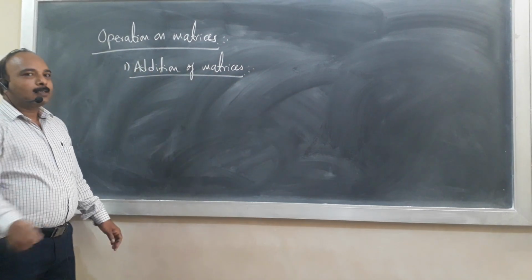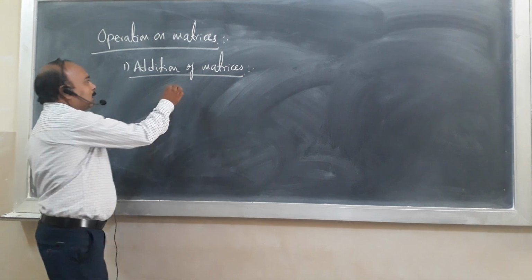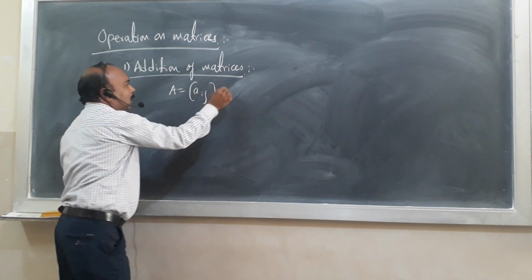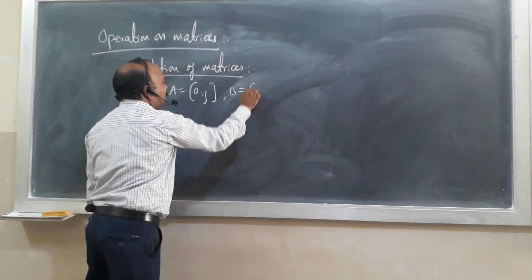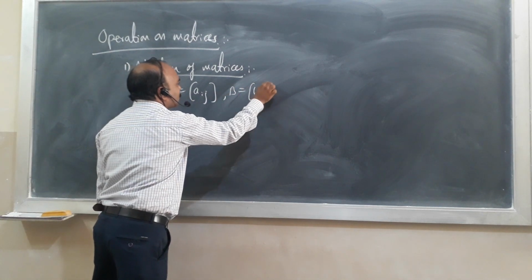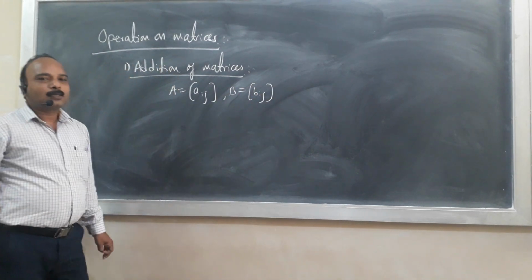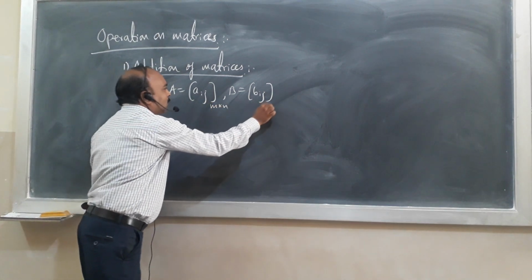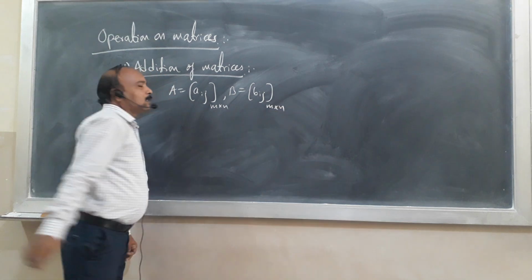Now we consider two matrices A equal to Aij and B equal to Bij. These are two matrices of the same order. If A is of order m by n, B is also of order m by n.